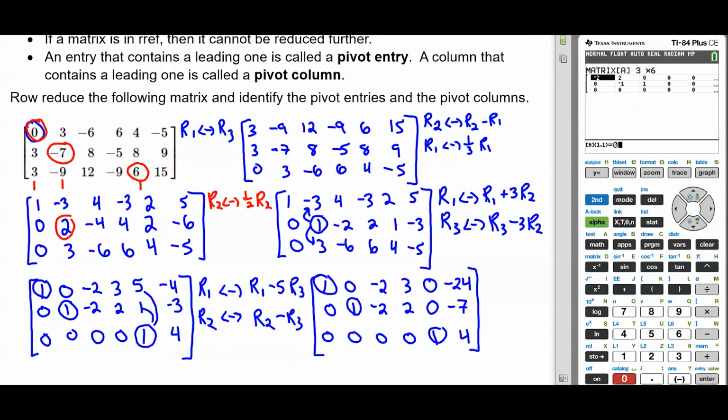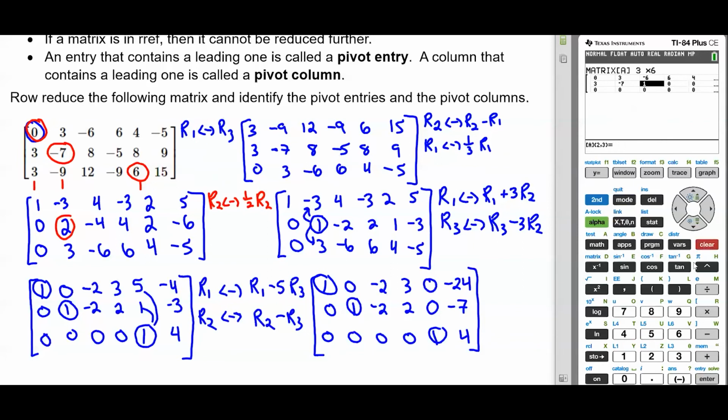And then I'm going to enter in the entries. I'll press enter each time. And if you have a negative number, you have to use the negative symbol and not the subtraction symbol. Subtraction will confuse the computer. It thinks you're subtracting two numbers instead of just declaring a number a negative. So I'll just try to do this quickly.